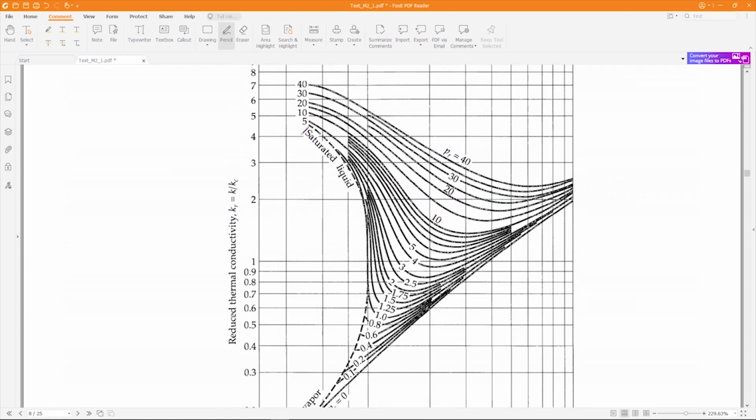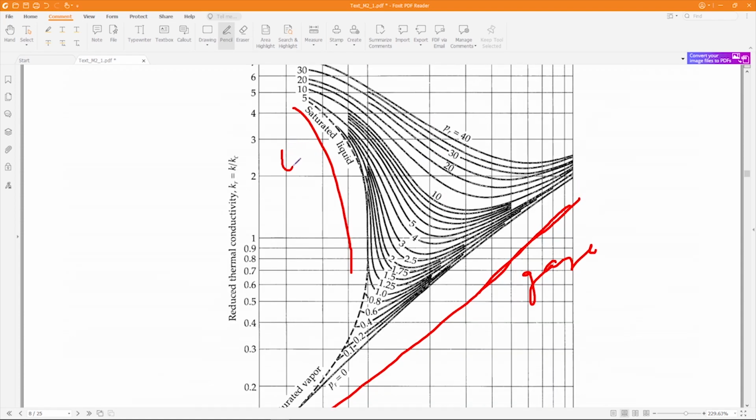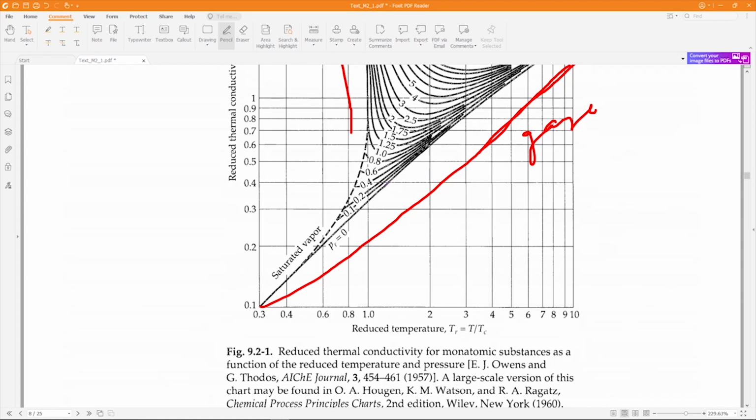Okay, so we have the saturated liquid in this curve, and this line is nothing but your saturated vapor. So you can say this line is basically for low density gases, and you can assume this is for liquids. As you can see, for gases, this is the line.